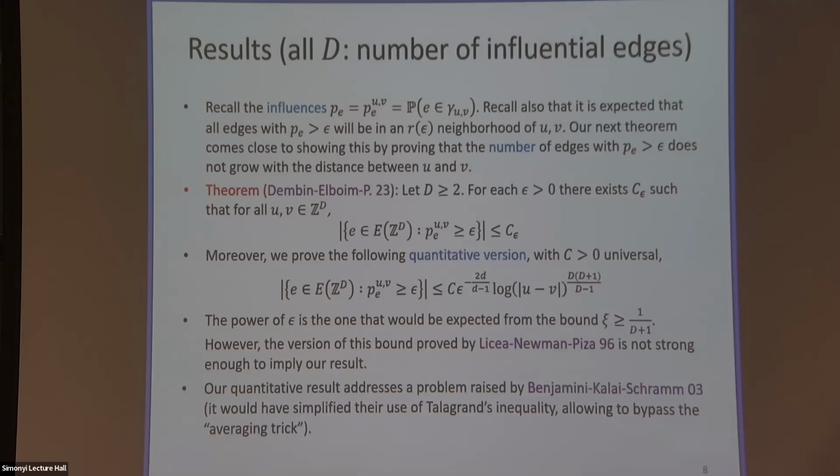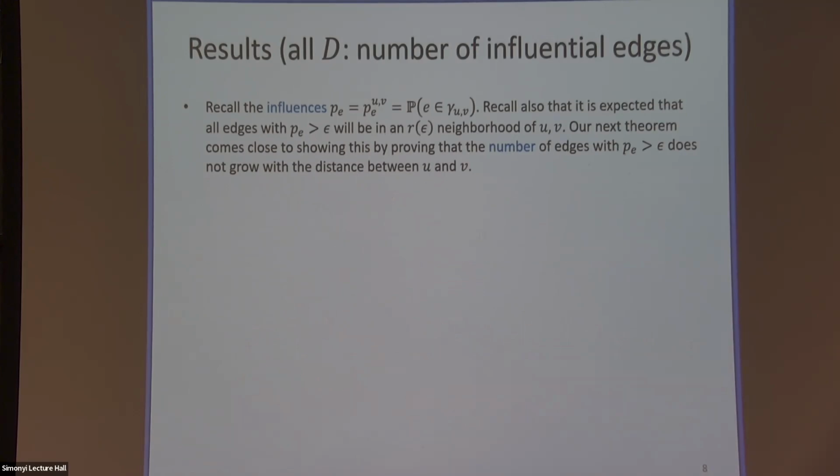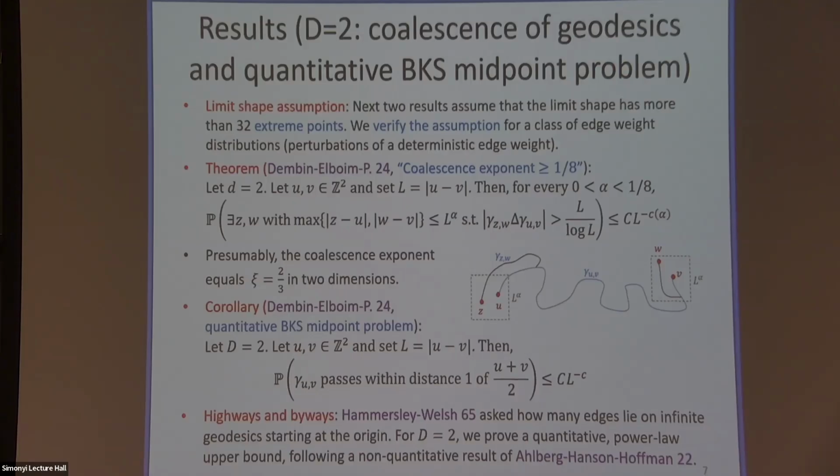Yeah. So I'm just curious, what's the barrier for using these translation arguments to actually get this midpoint property in higher dimensions? What is missing for us, I mean, this doesn't give the midpoint property at all, but what we did have that gave the midpoint property was the previous slide, which is this coalescence. Here is the previous slide.